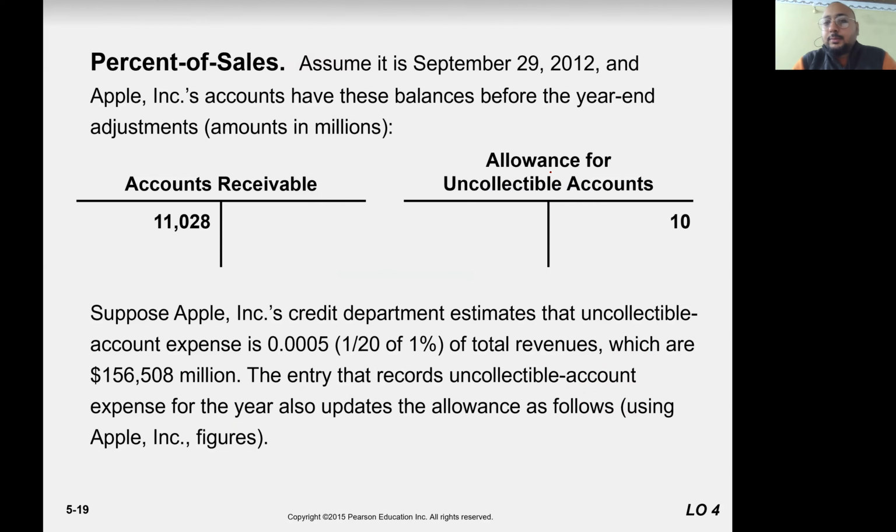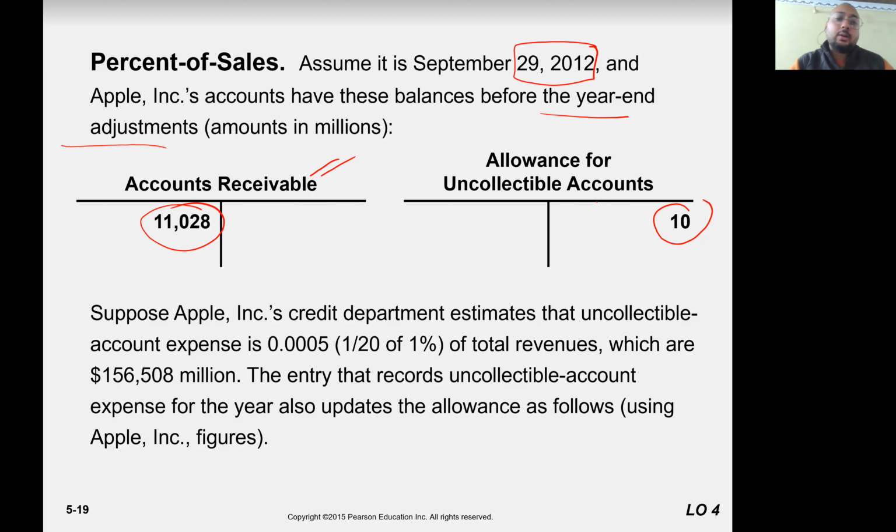So let's do this illustration so that we further clarify this percentage of sales method. We have a scenario here: assume it is September 29, 2012, and Apple Incorporation accounts have these balances before the year-end adjustments. We have accounts receivable of 11,028, and an uncollectible accounts allowance balance already set up.